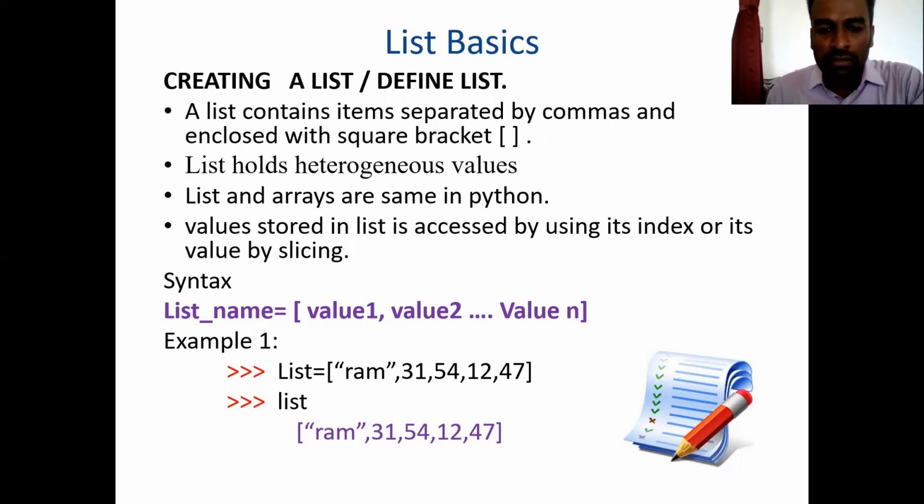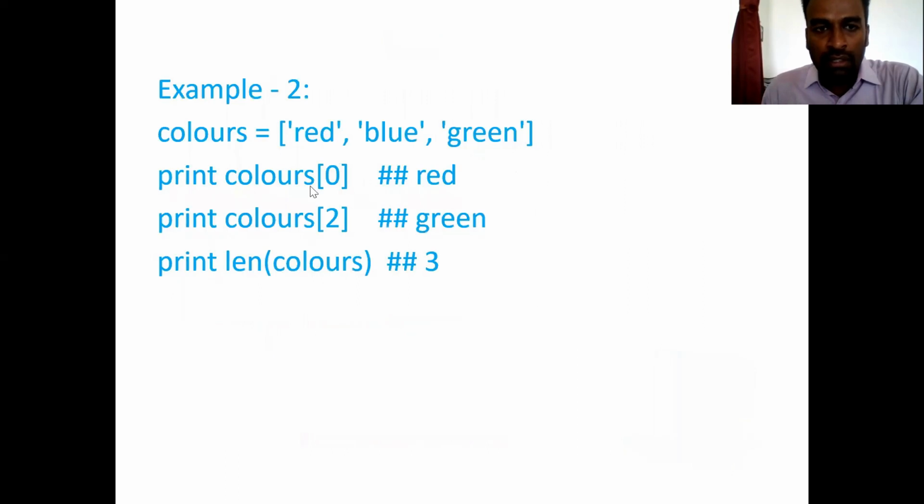So we do not need to declare the integer elements in double quotes. And in example 2, the colors we have to declare in the list: red, blue, and green. In Python, we declare a string with either single quotes or double quotes.